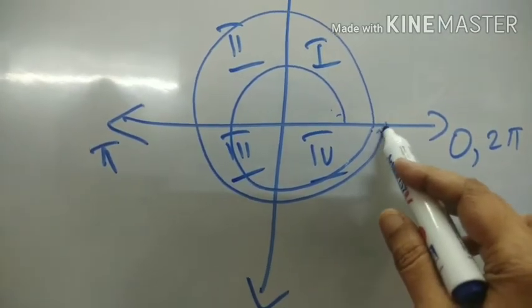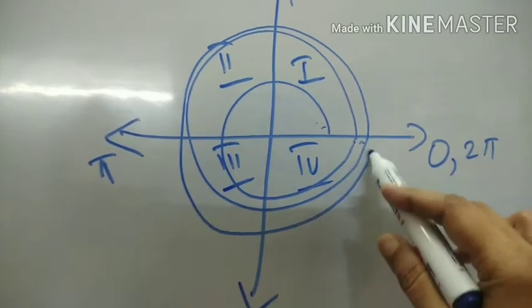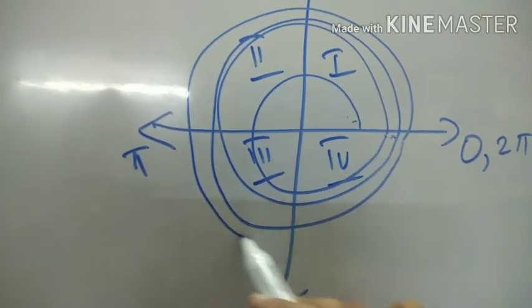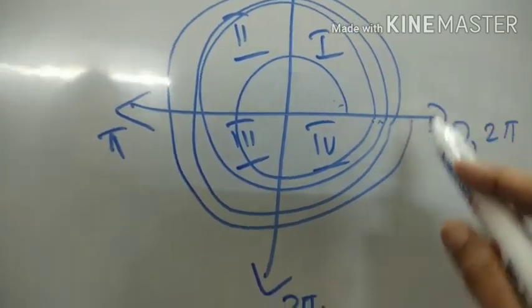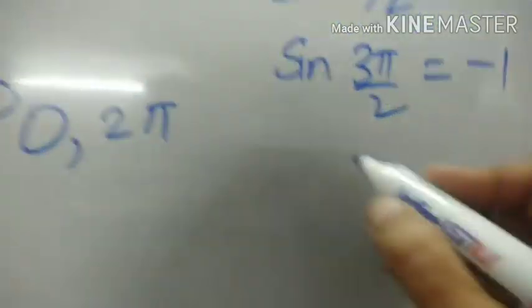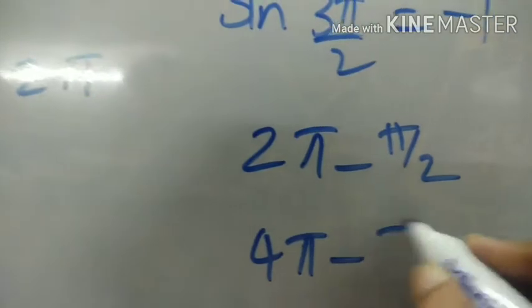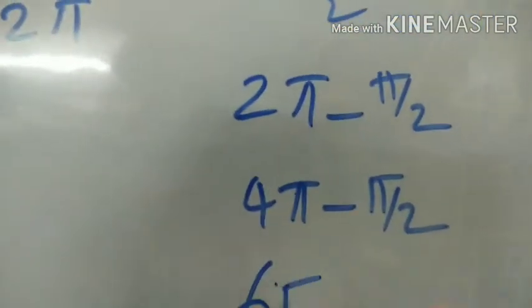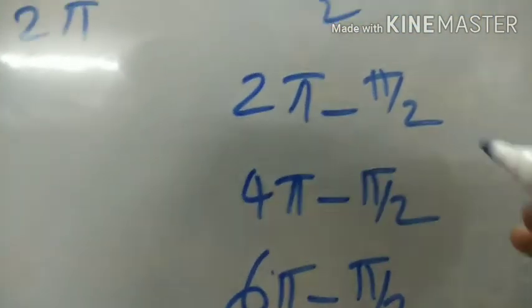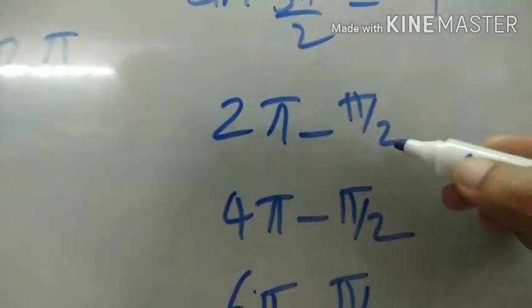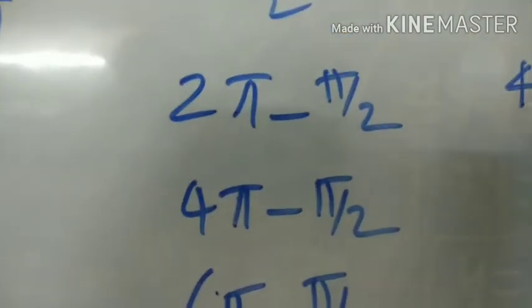One more round, 6 pi minus pi by 2. One more round, 8 pi minus pi by 2. So every time it is 2 pi minus pi by 2, or 4 pi minus pi by 2, or 6 pi minus pi by 2.